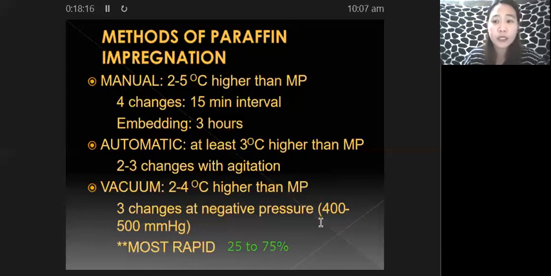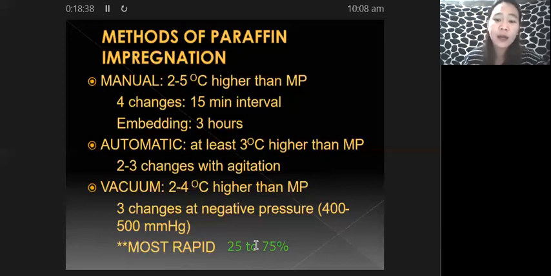Yes, of course. Because I have emphasized already the consequences of exposing your tissue sample to heat. There is really a consequence, as I said. We cannot avoid it.